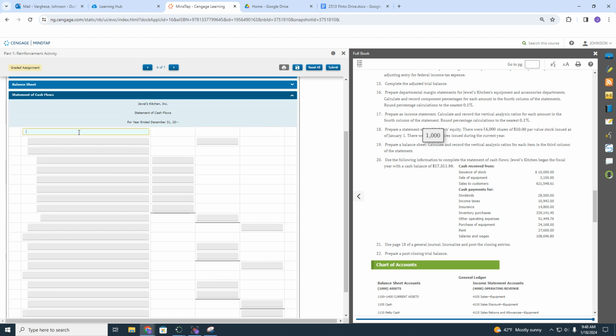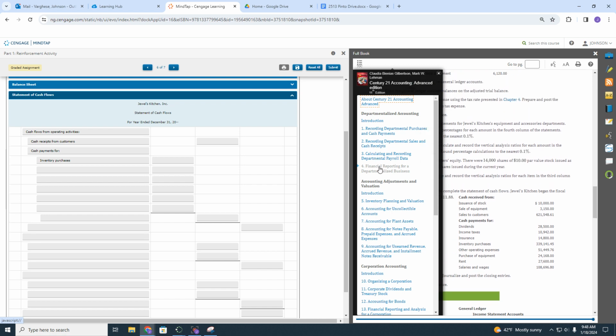So my statement of cash flows is going to start with my cash flows from operating activities. And so that's going to be my cash receipts from customers, my cash payments, and I'm going to be paying for things like inventory. Let me see if I could pull this up.